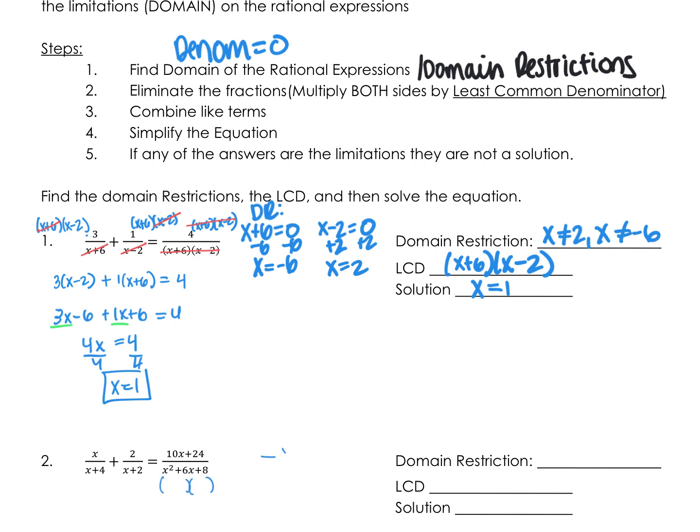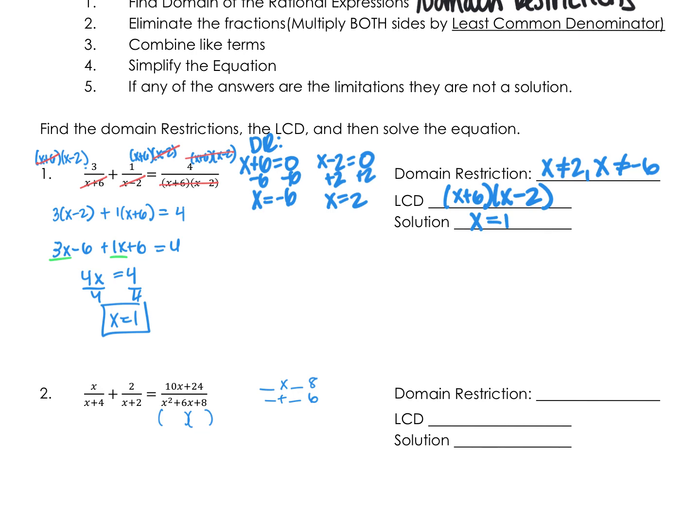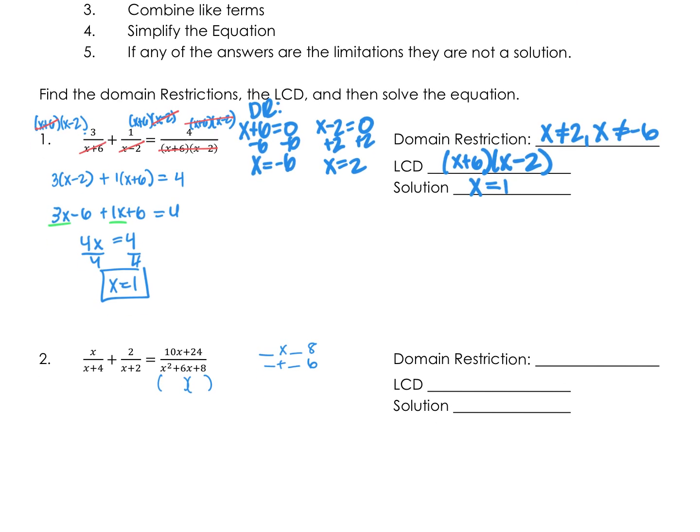Look for 2 numbers that multiply together to get 8 and add together to get 6. So go ahead and factor that.